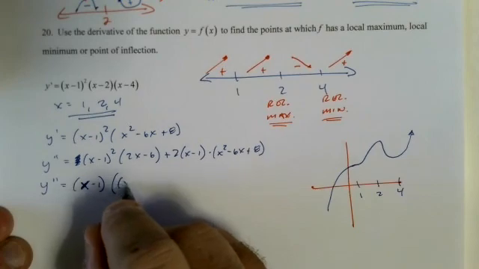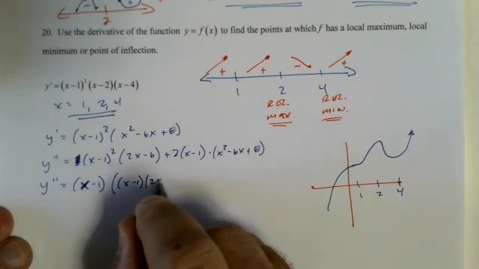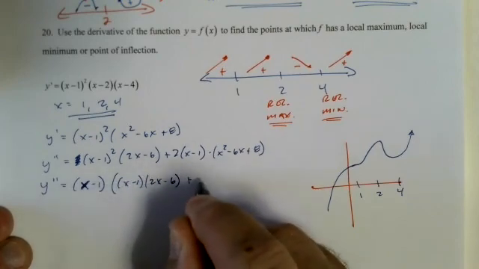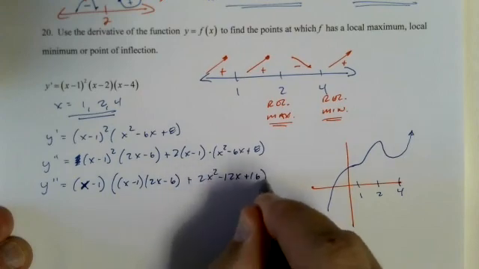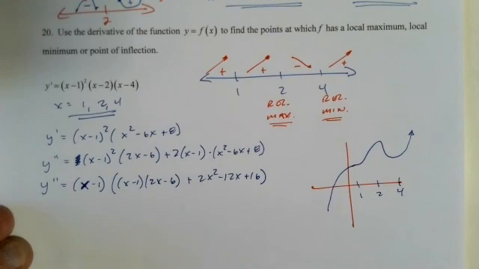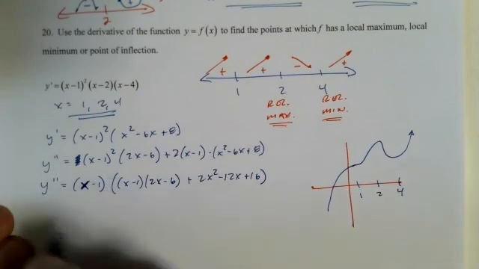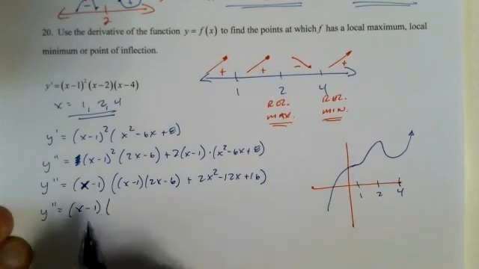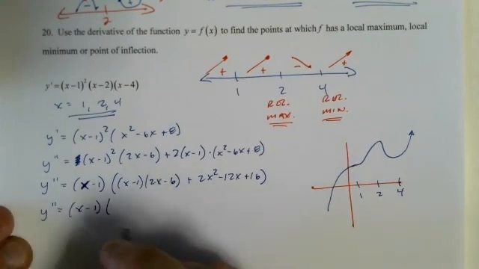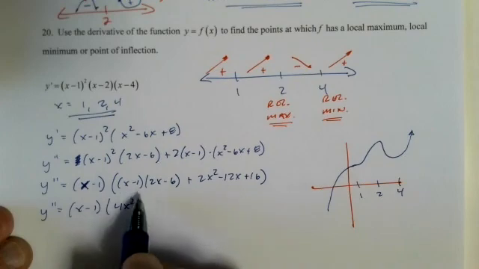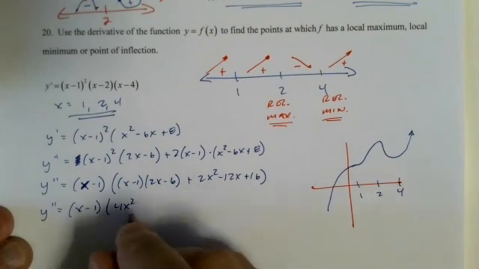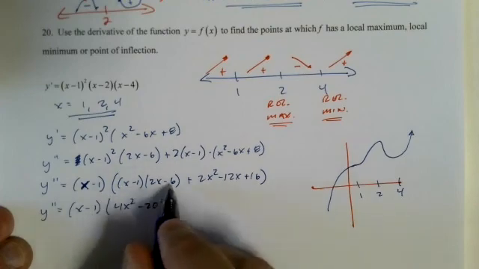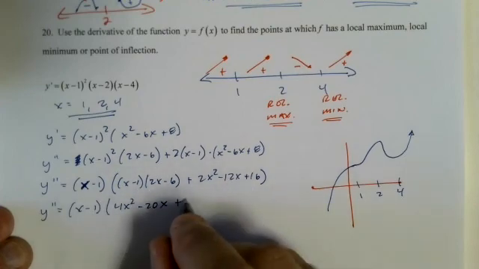Leaves me with x minus 1 times 2x minus 6 plus 2x squared minus 12x plus 16. Let's combine. y double prime equals x minus 1 times 4x squared, negative 8x, negative 20x, positive 6 plus 16, plus 22.